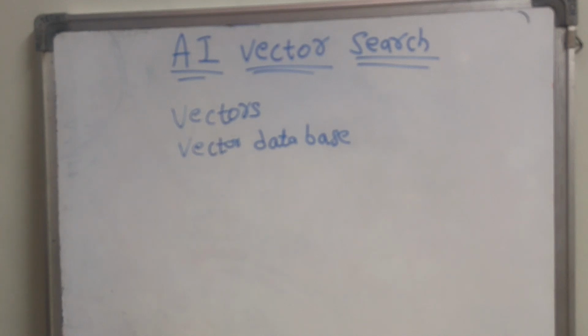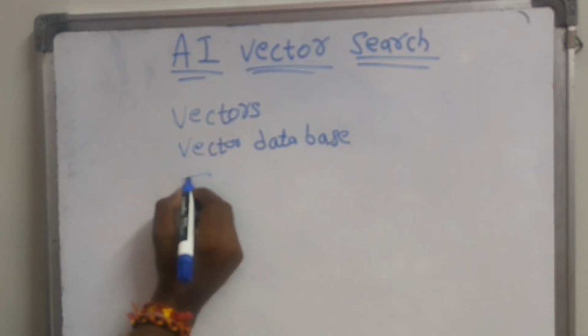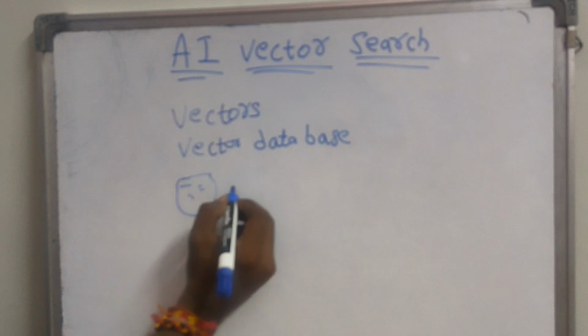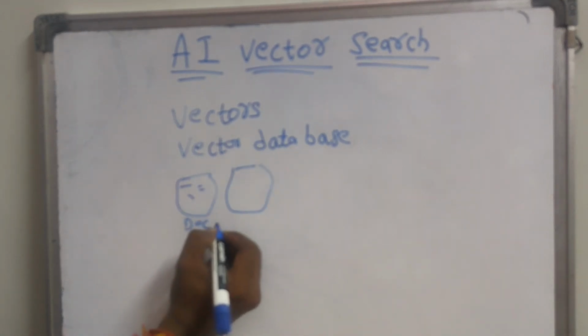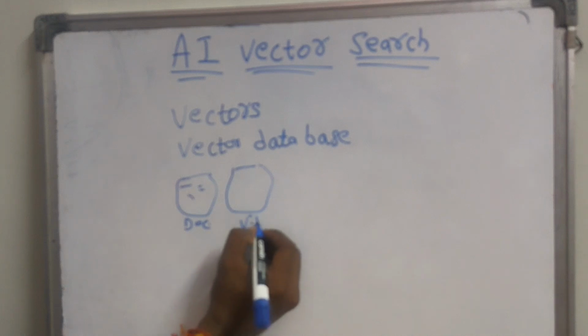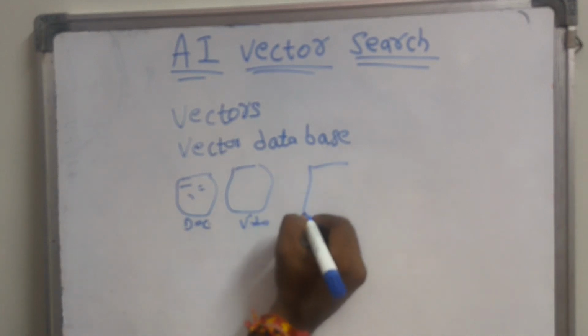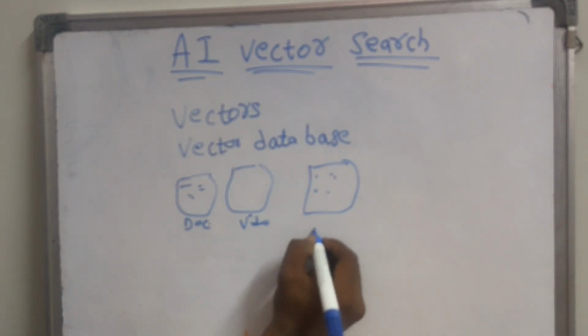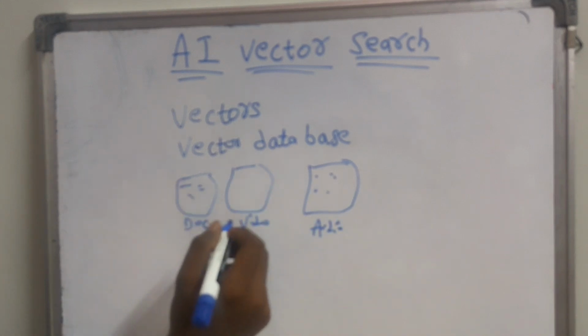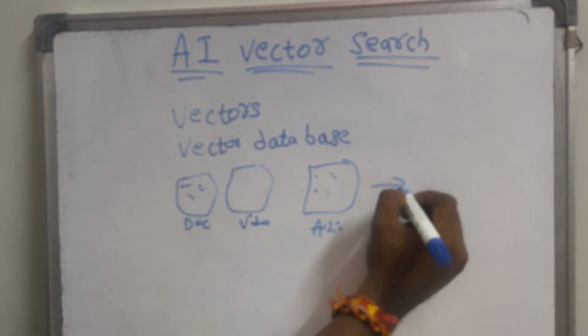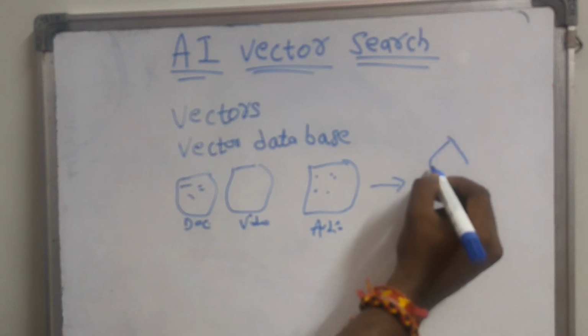So what happens whenever we give this unstructured data, this can be a document, video, and this can be an audio file. So these are the unstructured data. These will be converted into a vector format.